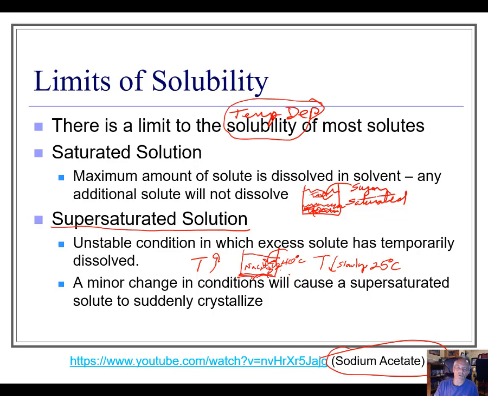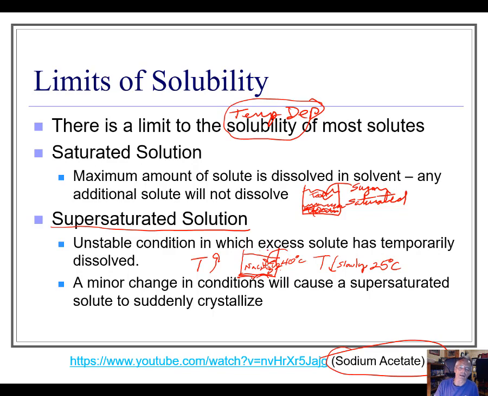All that means is there is more sodium acetate, or more of whatever your solute is, dissolved in the given volume of solvent than would normally be in a saturated solution. And really all you have to do is make a minor change in conditions of this solution: jiggle it, add a little bit of energy in some way.